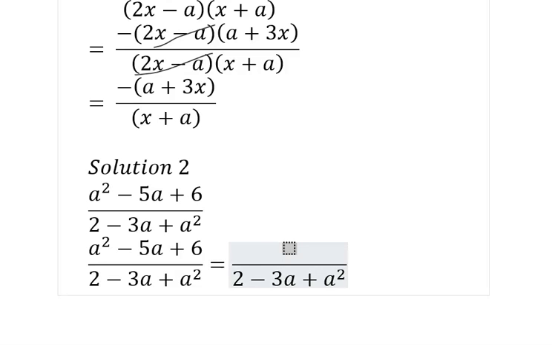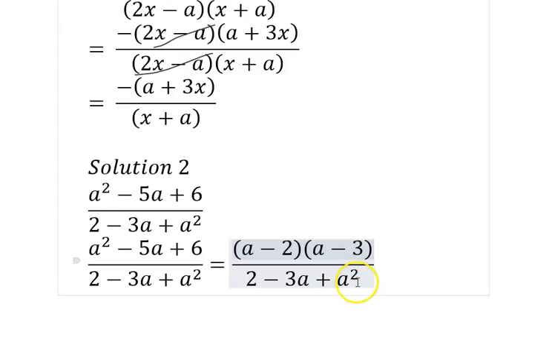So this time around, for the numerator, the factorization that we've done, the numbers, they are a minus 2, a minus 2, then a minus 3. That's for the numerator.